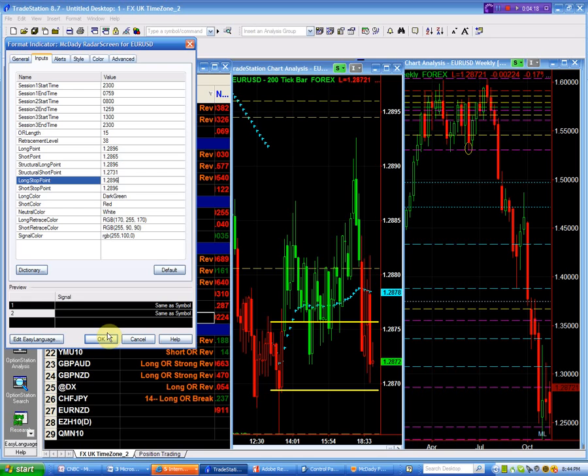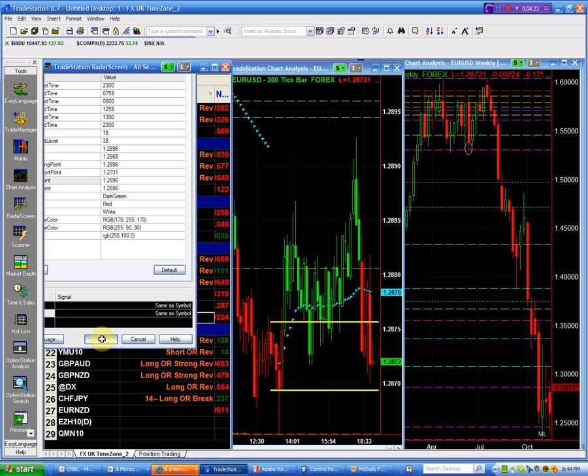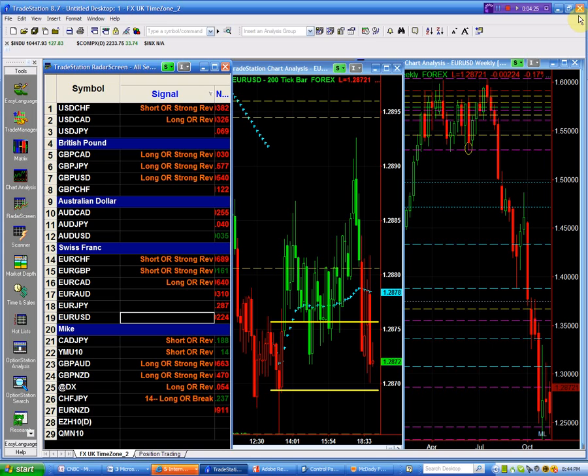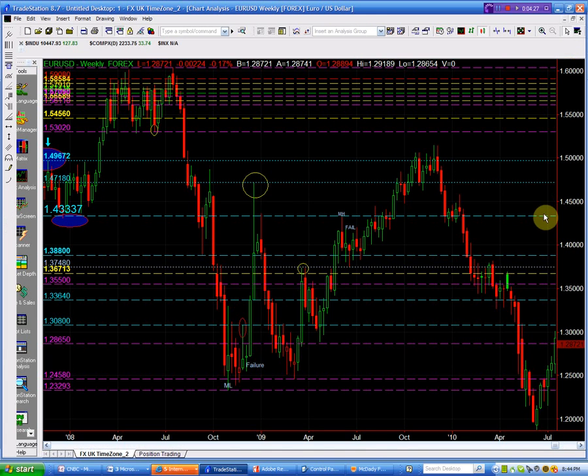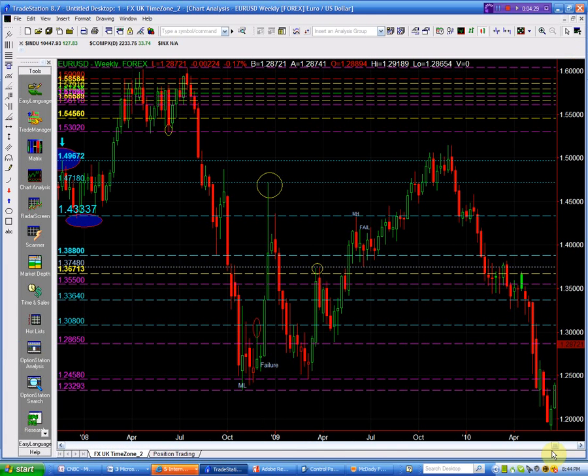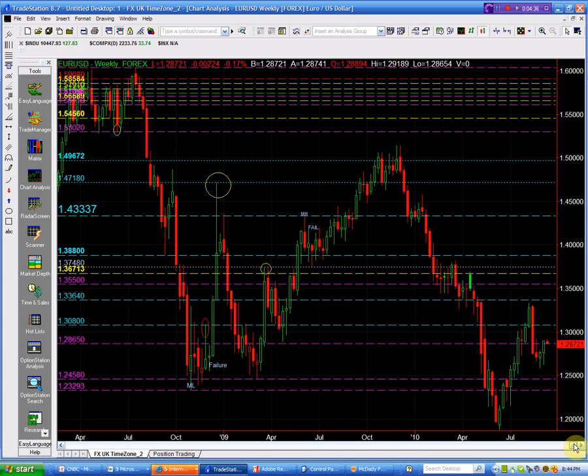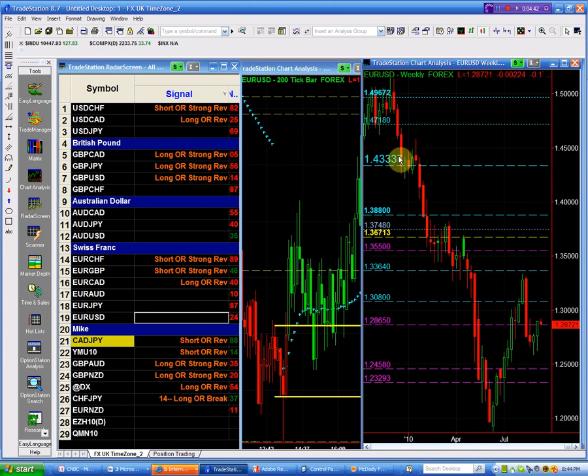Okay, the structure long is the 130.80. I mean, we're still far away, so the 1.3080, this is still the structure point.